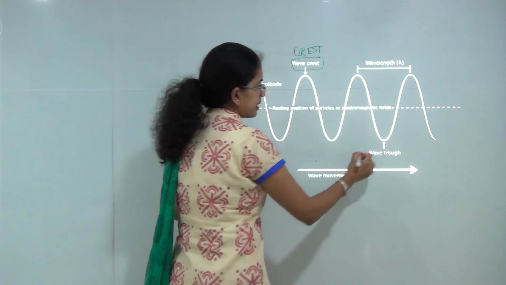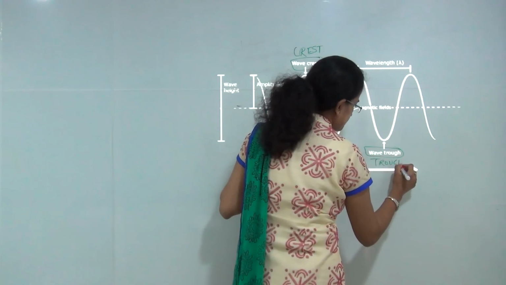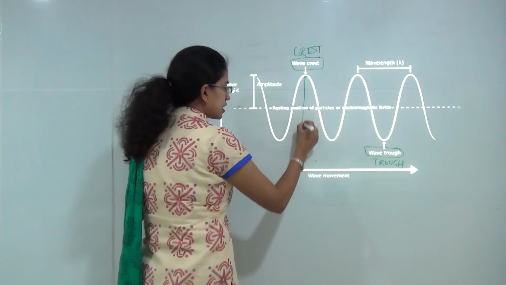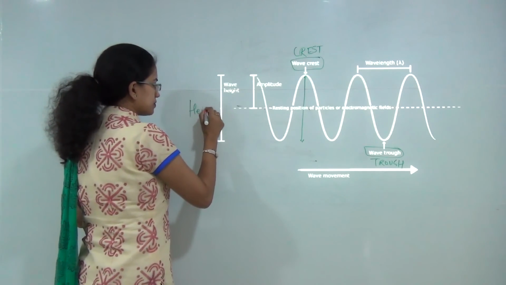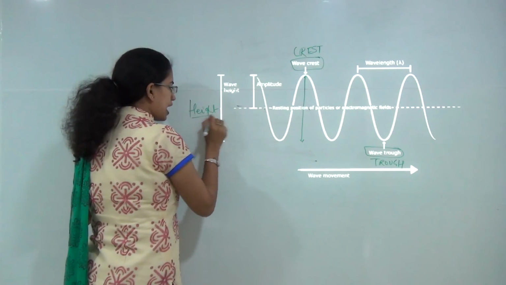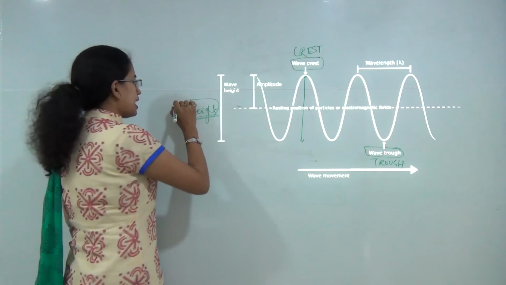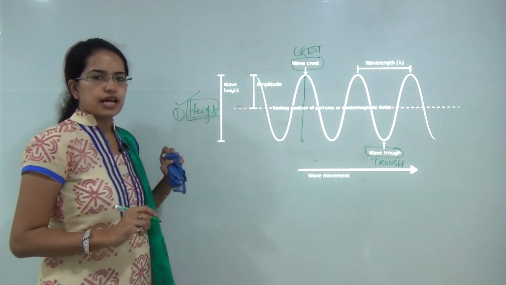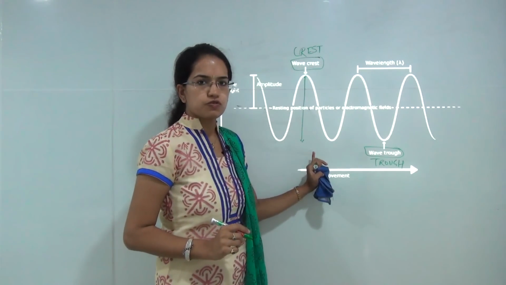The deepest point it can go is known as the wave trough. The difference between the crest and the trough is known as the height of the wave. And this height of the wave is the major determining force behind tsunamis.